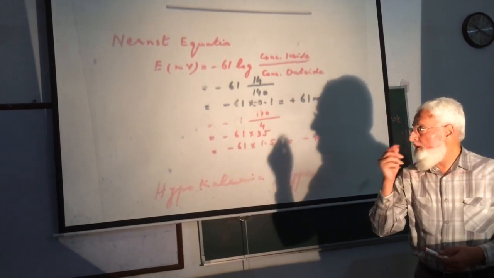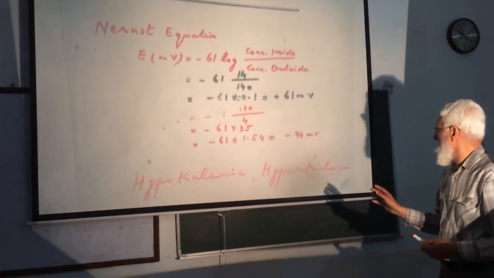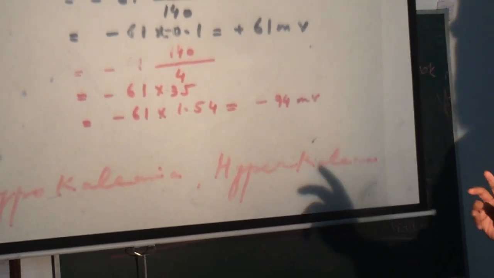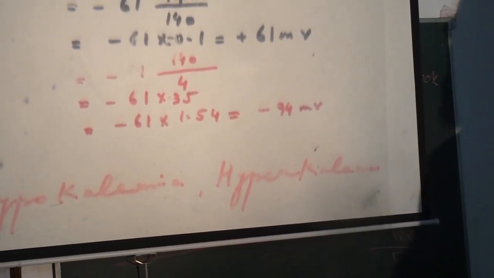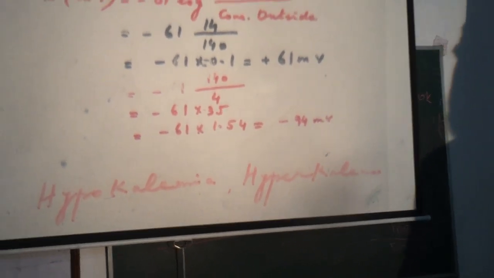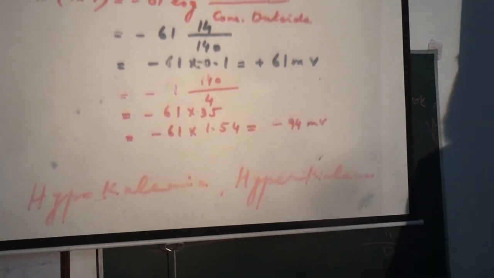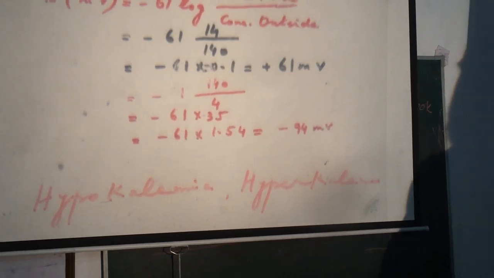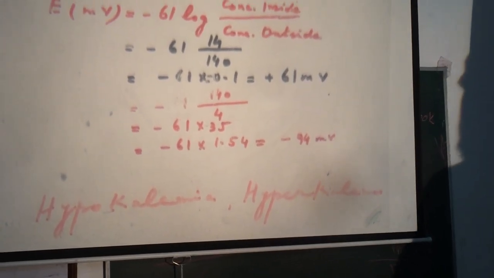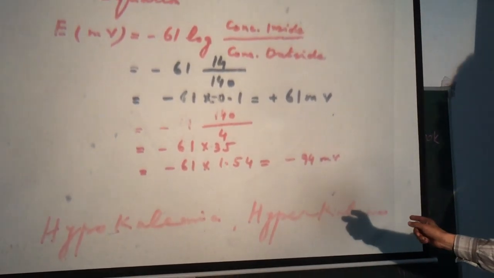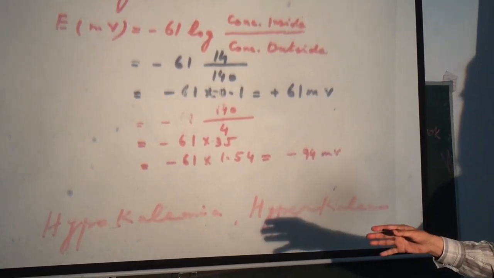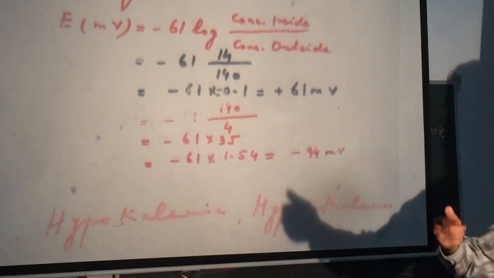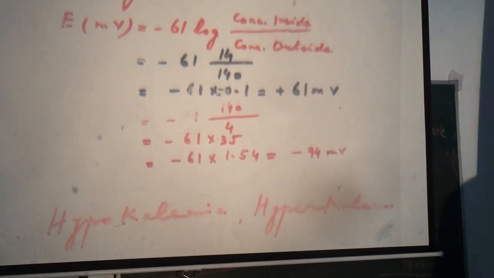So when there is more potassium outside, definitely less potassium will diffuse out. Inside becomes less negative. So in hyperkalemia, the resting membrane potential becomes less negative. In hypokalemia, it becomes more negative.